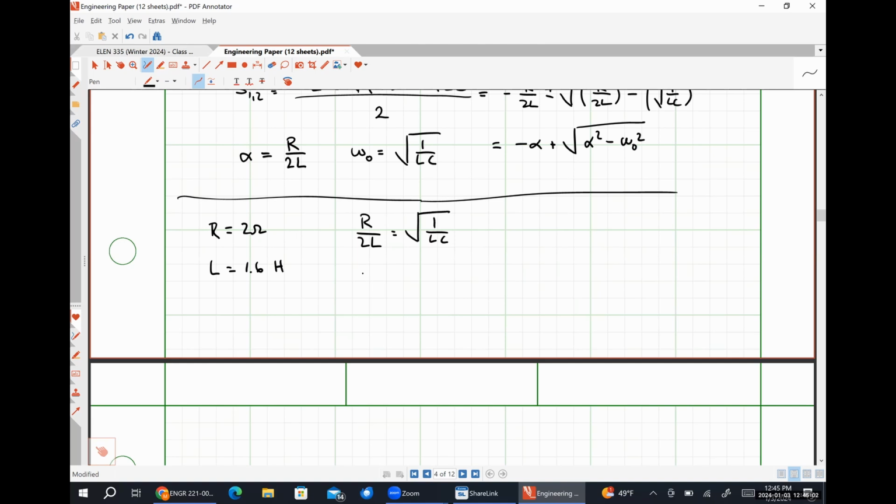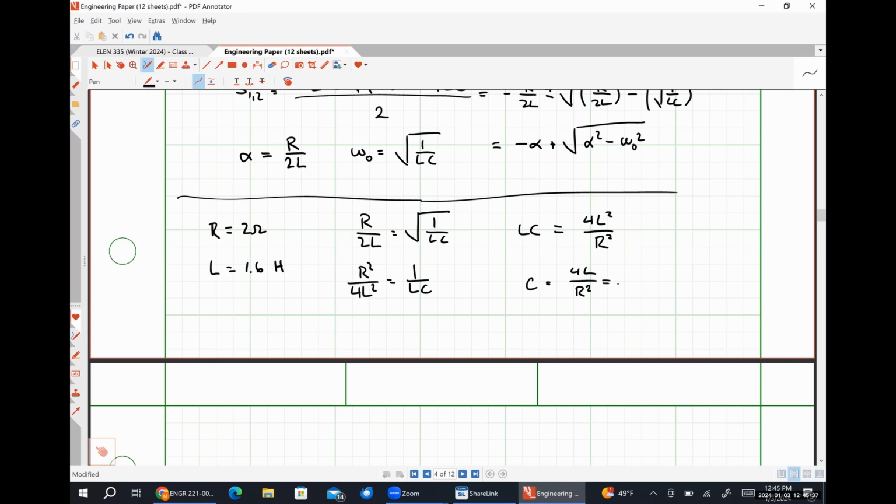So that means R squared over 4L squared is equal to 1 over LC. So LC would be equal to 4L squared over R squared. So C would be equal to 4L over R squared, if my algebra worked out. Anybody see any issue with that? Okay.